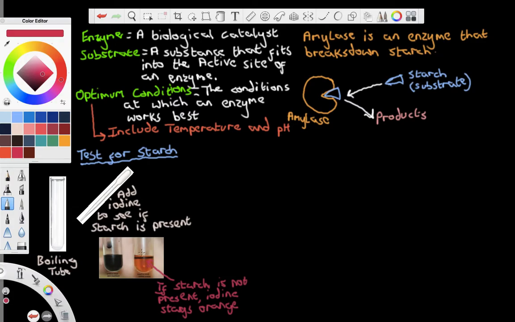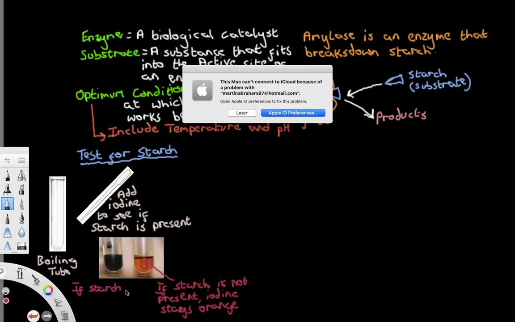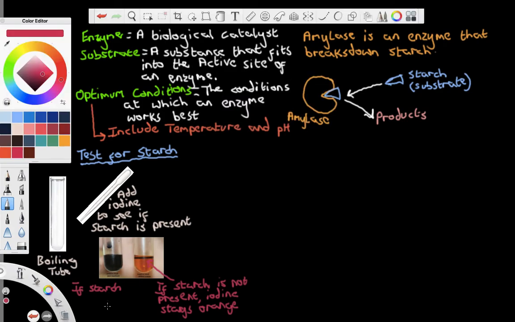But if starch is present, iodine turns black. So if starch is present, comma, iodine turns black. Okay? So if starch is present, iodine will turn black.